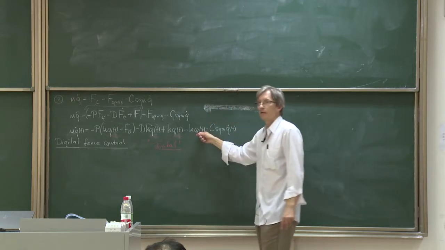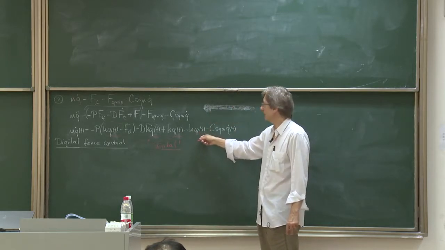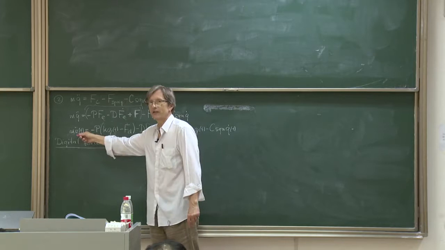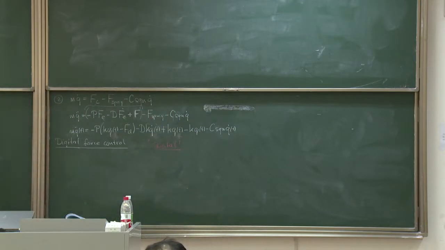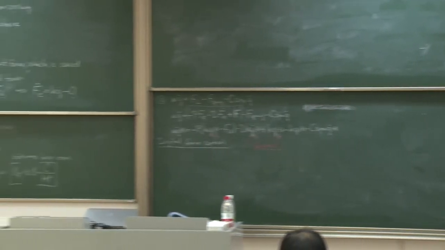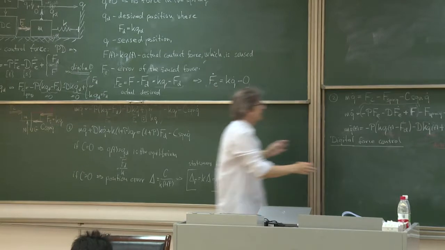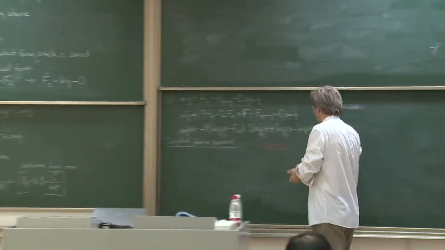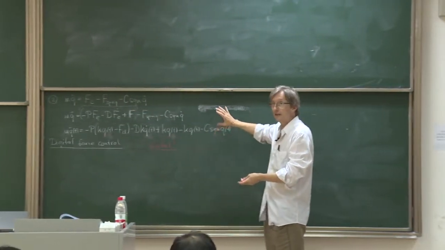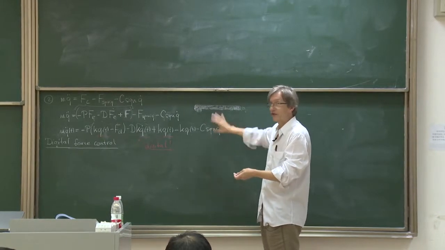But this one is a real spring force, it is not. And also the acceleration is not. So because this is the real world, okay? This is continuous, this is discrete. Okay, everything else is discrete and digital. So that's why these terms must be written in a digital way. And also the Coulomb friction is in real time. It's real, it's not digitized.